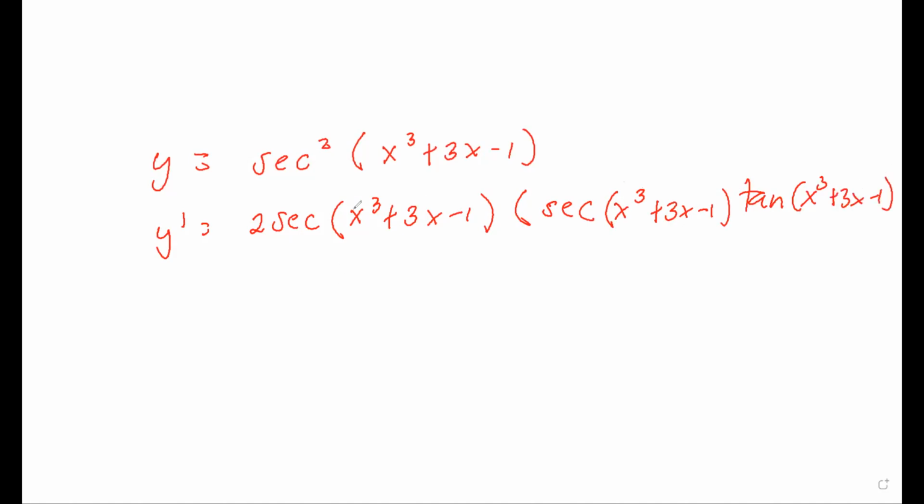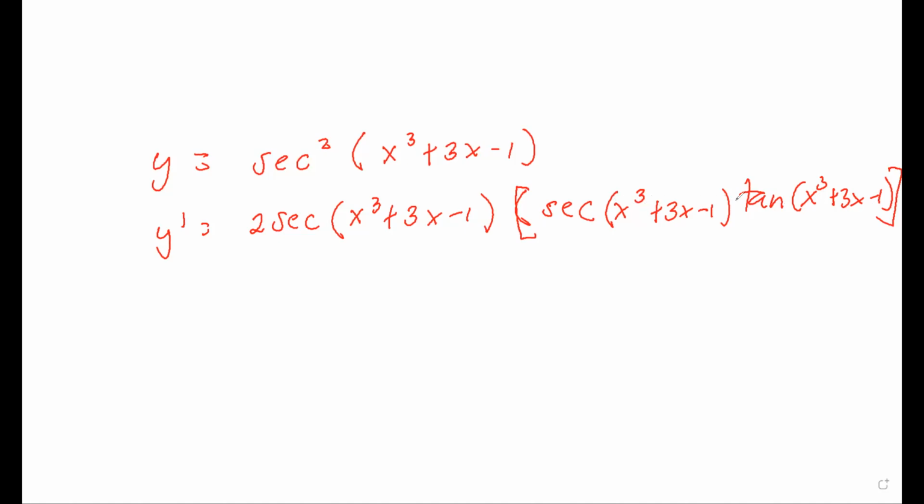Okay? So again 2 times ito, power muna. Kaya mababawasan na isa. Tapos, the derivative of secant nito ay secant of x cubed plus 3x minus 1, tangent of x cubed plus 3x minus 1.